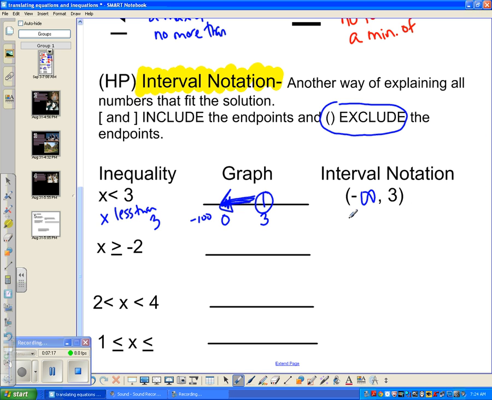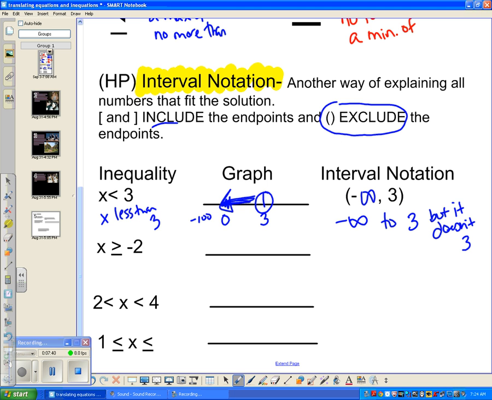So how I read this is the solutions that fit go from negative infinity all the way until 3, but it doesn't hit either of those. It doesn't hit 3. And you can't ever hit negative infinity because negative infinity doesn't exist, right? It never ends, so there's no hitting it, which is why we use the parentheses.